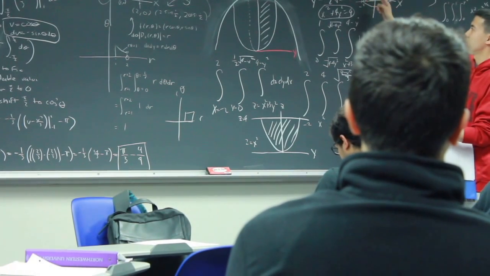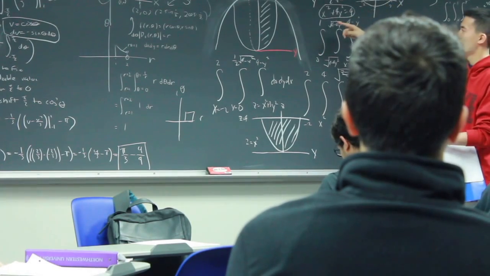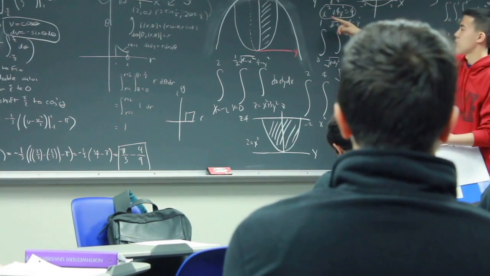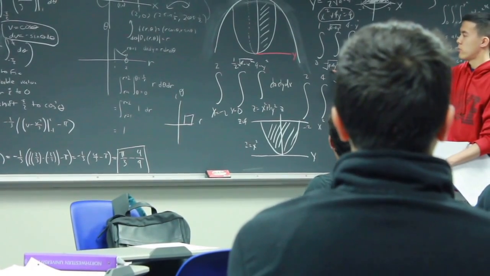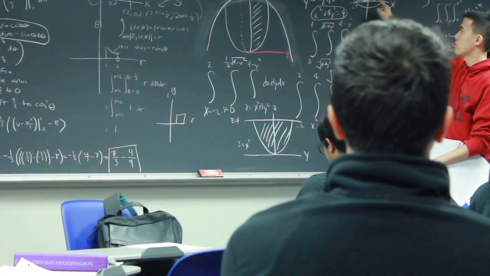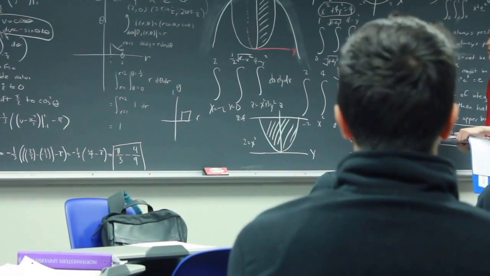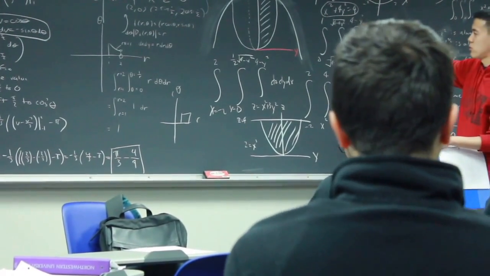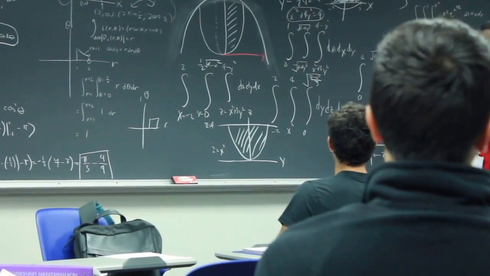So the vertical distance goes from here to here, but that's just the top half of the ellipse. So if we solve the ellipse for x, you should get x is equal to negative square root of 4 minus 4y squared to positive square root of 4 minus 4y squared. So from here to here, and y goes from 0 to 1, because that's where the ellipse ends. So pretty sure this will be the right answer for dz, dx, dy.